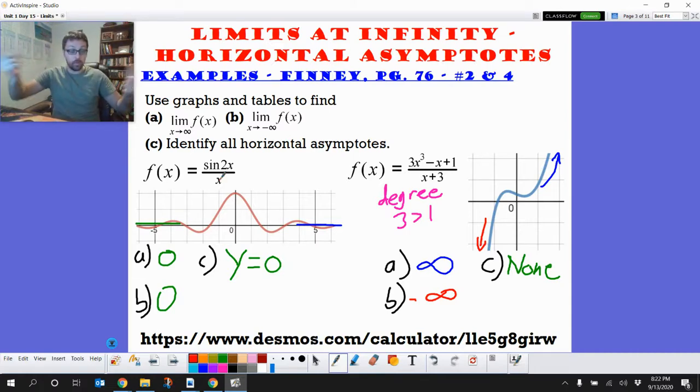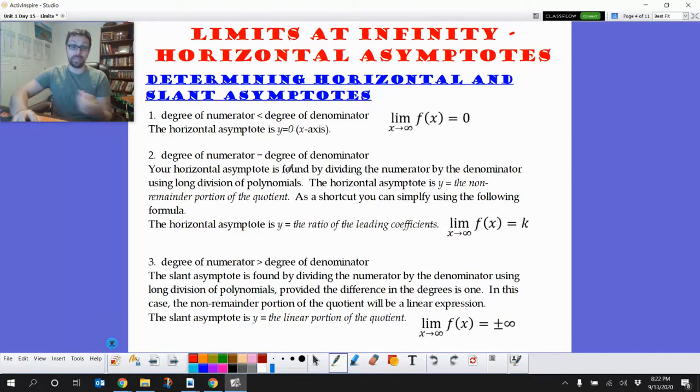Well, that's 0. 1 over x is going closer and closer towards 0. We're getting smaller and smaller because that denominator is muscling out the numerator, as opposed to this one where the numerator was muscling out the denominator. And that is going to be our key for evaluating these limits by hand: comparing the numerators and denominators.